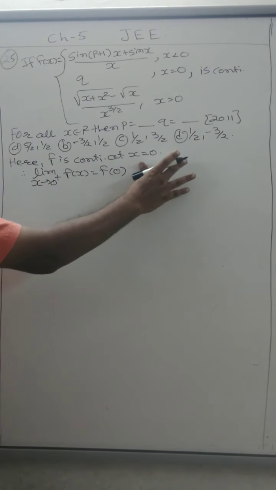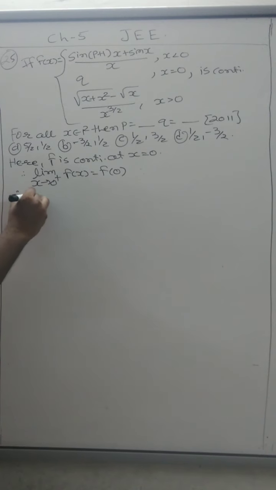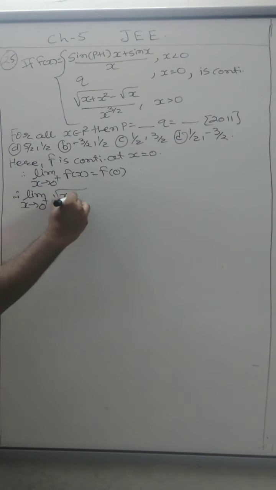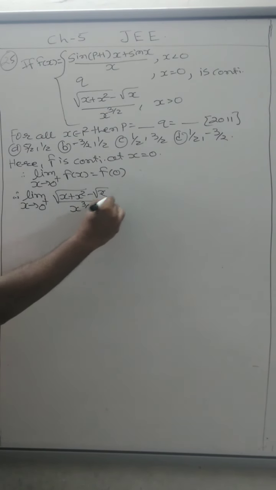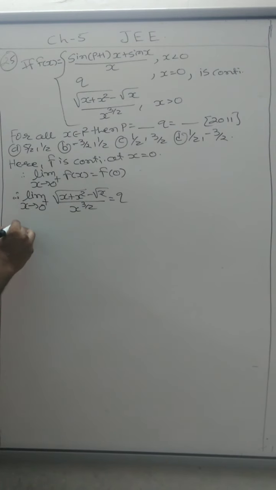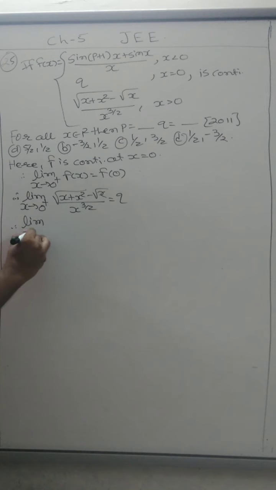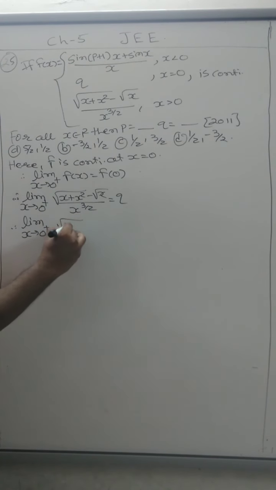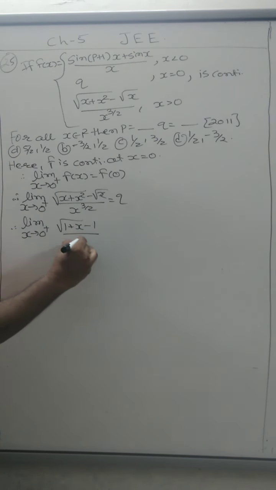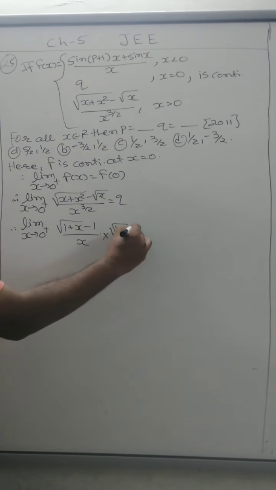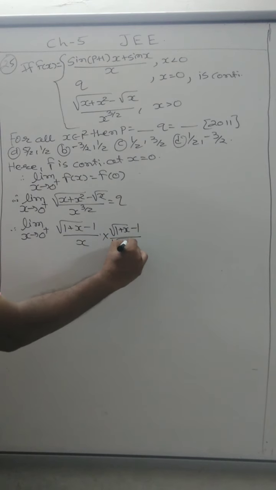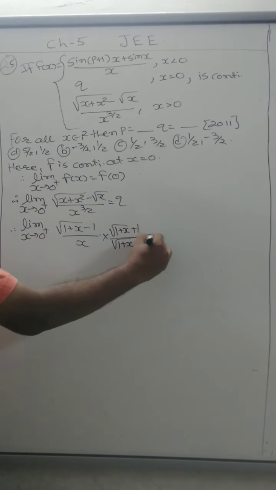It means limit x tends to 0 plus root x plus x square minus root x upon x raised to 3 by 2 is equal to q. Now taking this root x common and cancel, we get limit x tends to 0 plus root 1 plus x minus 1 upon x, and we multiply and divide with the conjugate, root 1 plus x plus 1, not minus but plus.